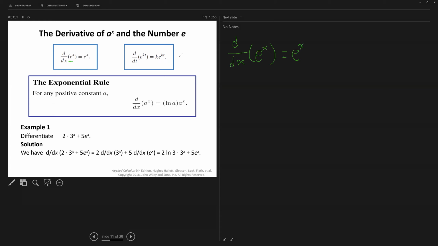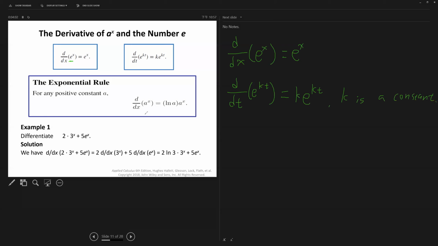And furthermore, if you have e to some other power k times t, where k is some constant, then the derivative is k times e to the power of kt, where k is a constant.